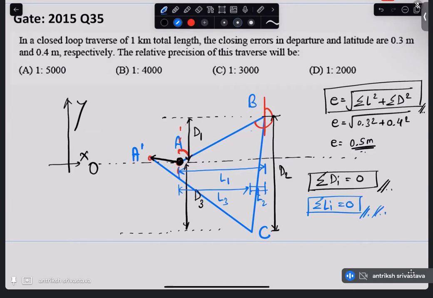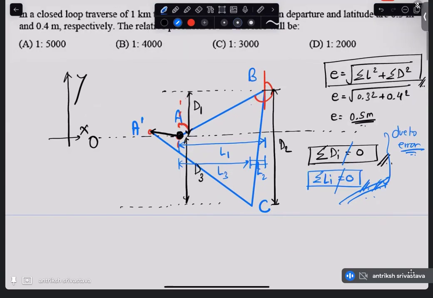But since we did not end up at the same point where we started, the summation is not 0. Why? Due to error. And that is what we signify as the error. So error horizontal is the summation of latitudes, error vertical is summation of the departures.